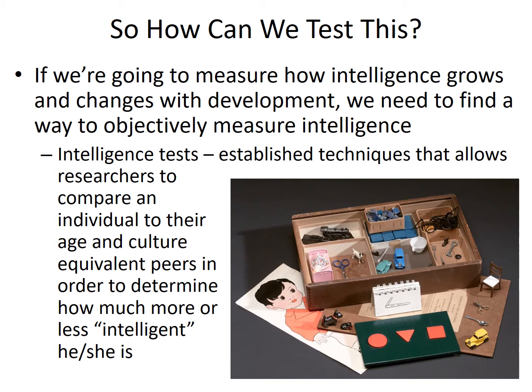And to understand, again, the developmental perspective and how intelligence comes about and how we kind of separate ourselves in different aspects of intelligence, we first have to understand where these intelligence tests came from and also the pluses and minuses of the different intelligence tests that we've created over the years.